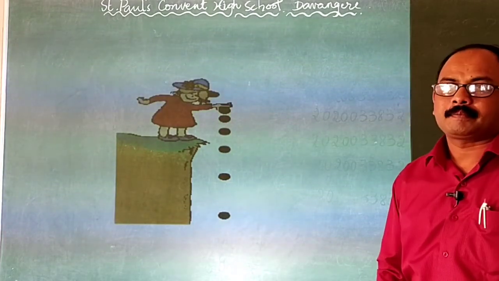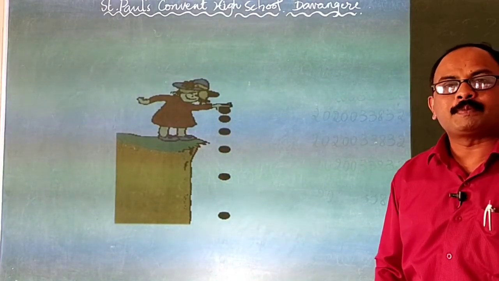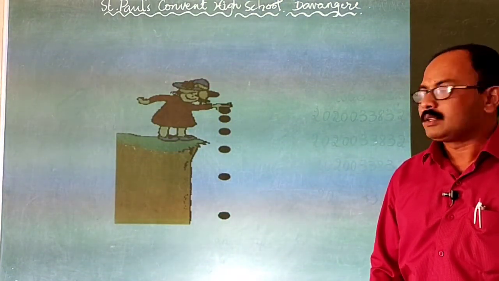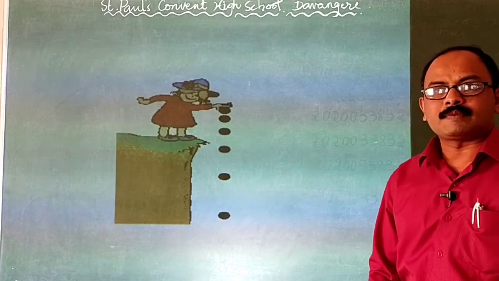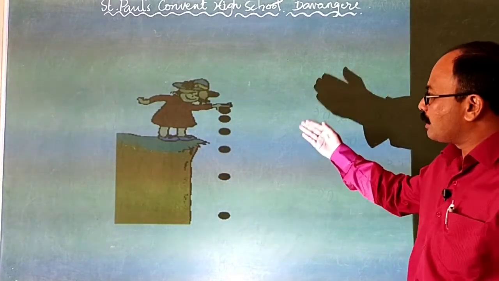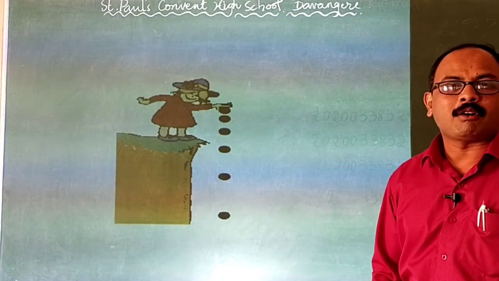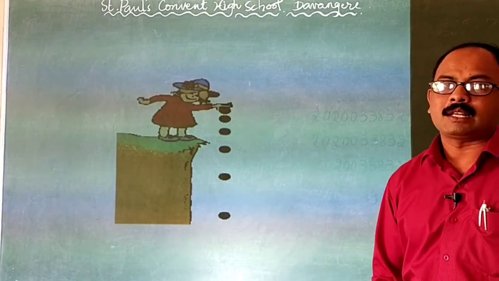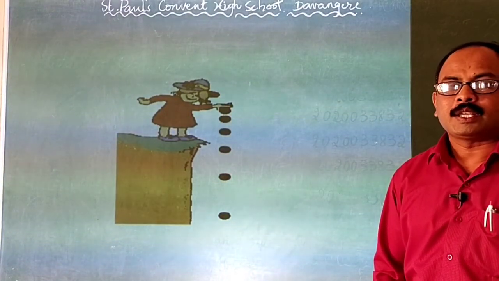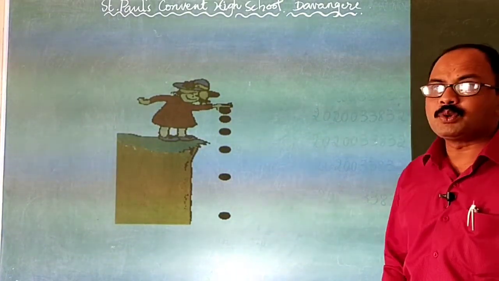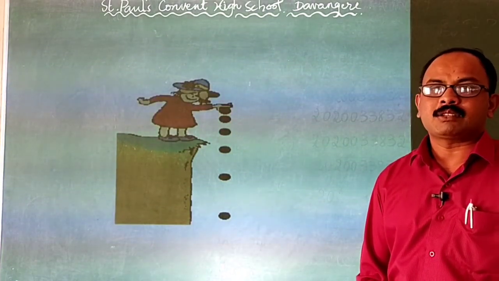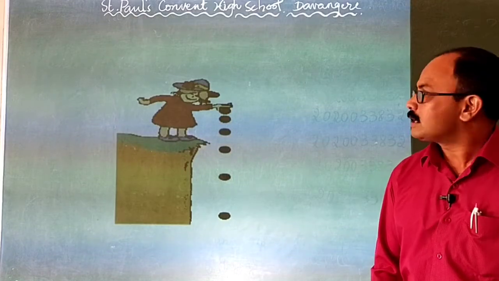Free falling. Falling of an object from a height towards the ground due to gravitational force of the earth is known as free fall. Free fall, this is an example of uniform acceleration. Velocity of an object changes. The uniform acceleration produced in a free fall object due to gravitational force of the earth is known as acceleration due to gravity.